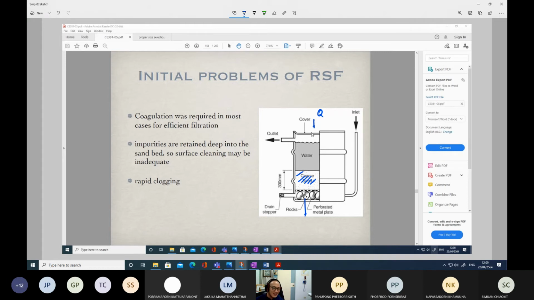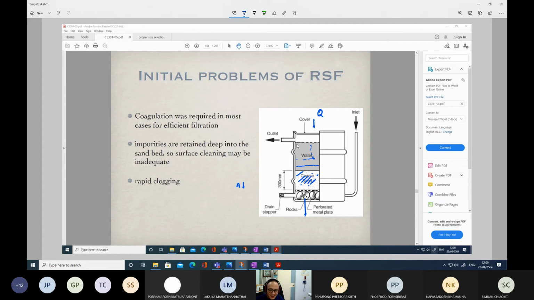But once you add this water, clogging may occur. Then the pores or the cross-sectional areas get reduced. The head loss will increase, and after operating for some time, you will observe the water level accumulated above the surface of the media. And if you still keep adding water with the constant flow rate Q, the water level will increase.